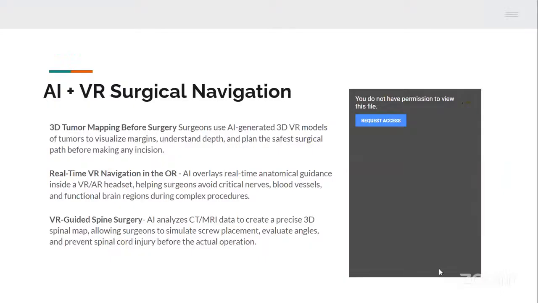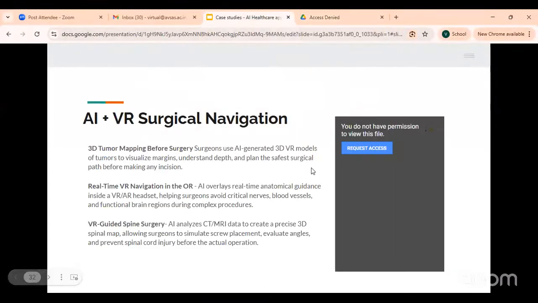So, 3D tumor mapping before surgery. Surgeons use, I'll give that. Is it reloaded?